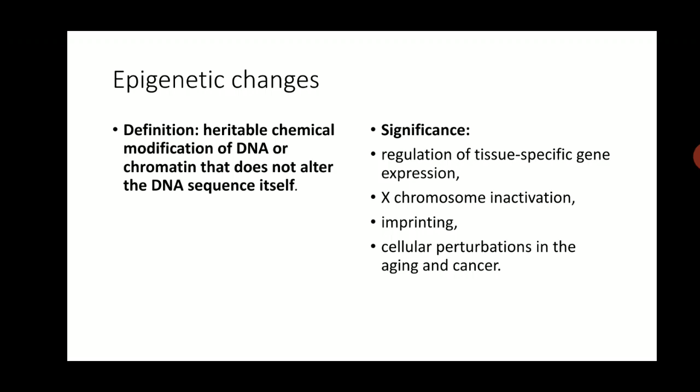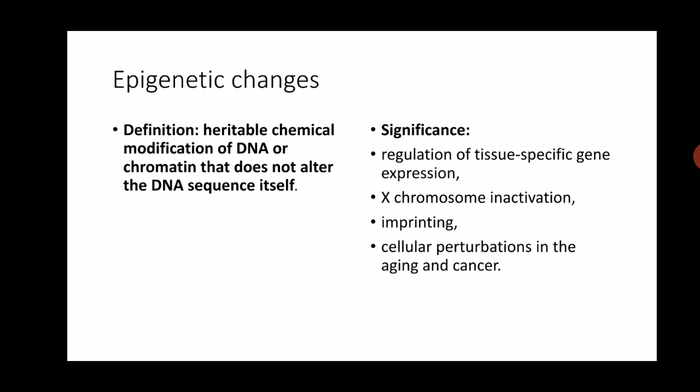X chromosome inactivation usually occurs during the fetal life. In the females, there are two X chromosomes, one of which is randomly inactivated and appears as a bar body. The X chromosome inactivation requires epigenetic changes. Imprinting.